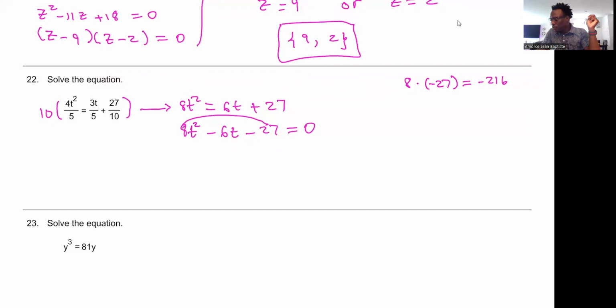And now we need two factors of this. We want to play with the numbers. The two factors of -216 that sum to 6 would be -12 and 18. But since we want -6, it's -18 and positive 12.